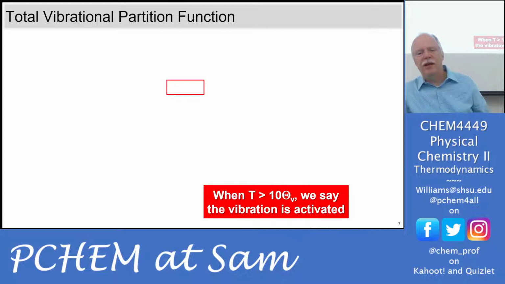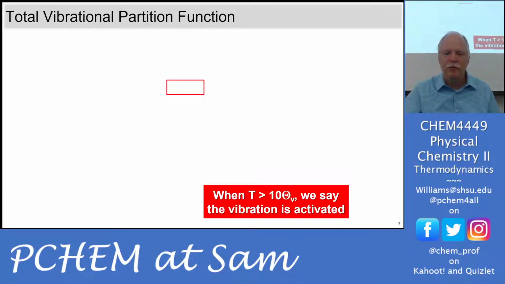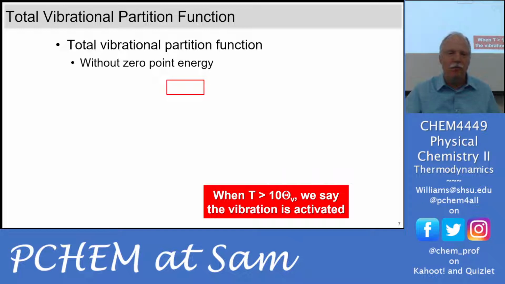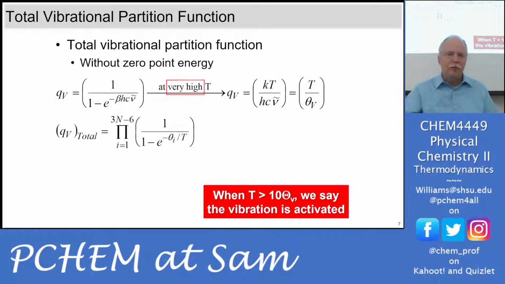And so when T is greater than 10 times that vibrational temperature, we say the vibration is activated. So at high temperatures, what is high? That's what this red box is saying. This all simplifies to just the temperature compared to the vibrational temperature.